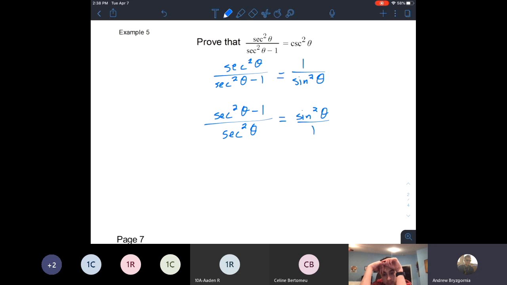What should we have then on this left side when we simplify that? What does that become? And if it's easier, think of this then.